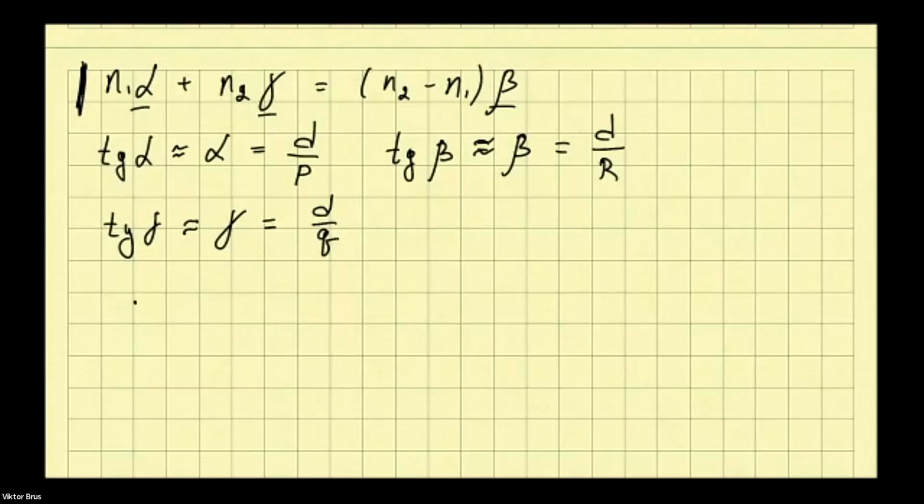So that will be N1 divided by P plus N2 divided by Q, and that is equal to N2 minus N1 divided by R.